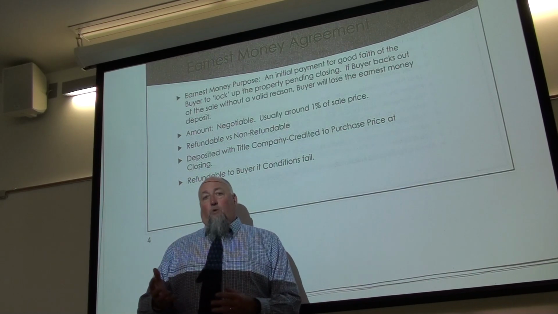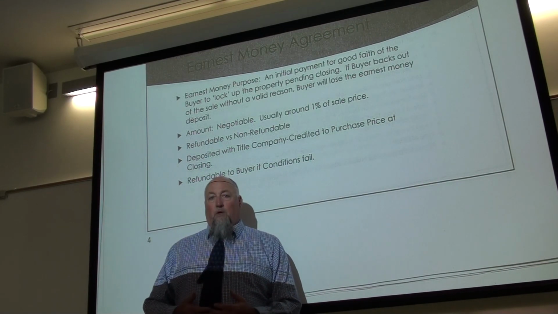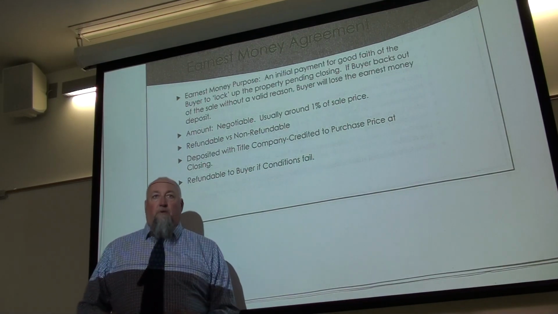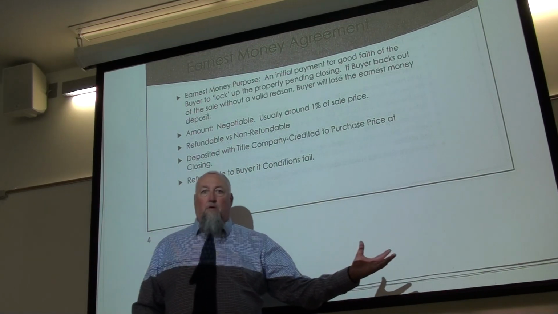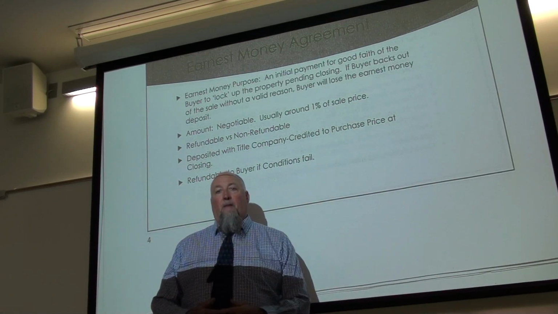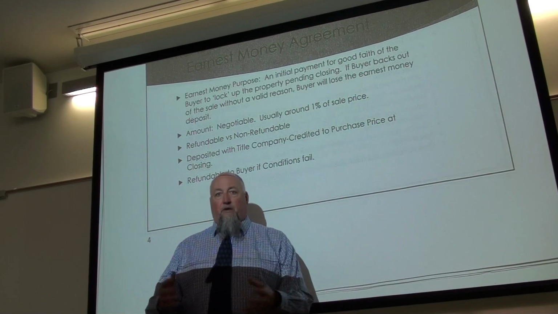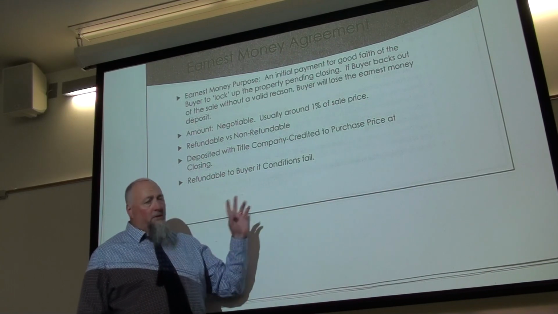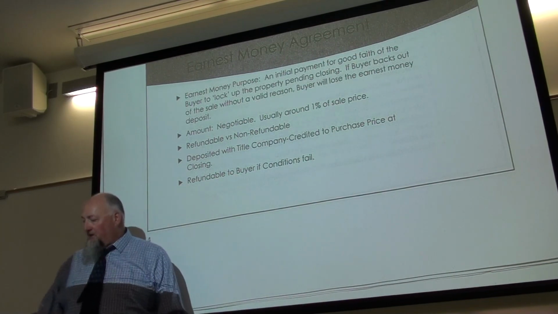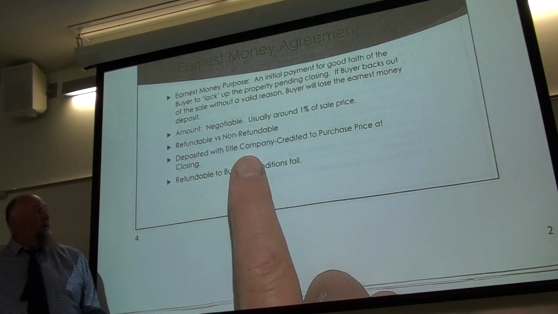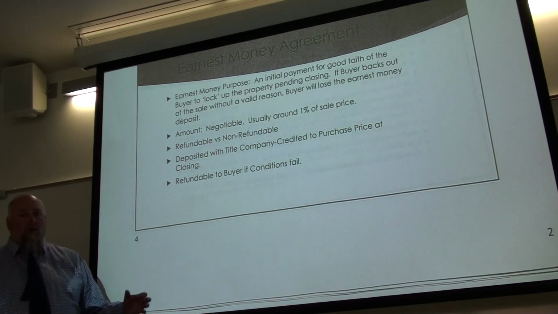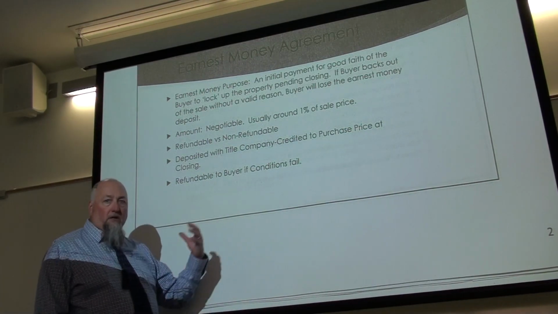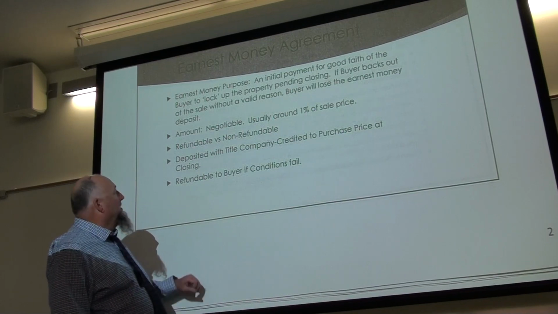And the title company also will provide what are called escrow services, where they will arrange for getting the loan proceeds from the lending company, paying off any other loans that are secured against the property, and then they will have the buyer and the seller come in and sign documents and do the deed and other paperwork. I'll talk more about that a little bit later, but just so you know, when we talk about a title company, their main job is to do the closing of the sale, deposit the money, record the deed with the county, and just finalize the sale.